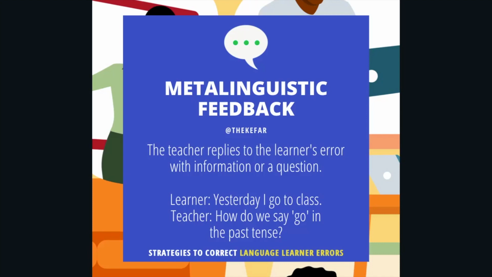With metalinguistic feedback, you're drawing attention directly to the error without correcting it. So again, the learner says, yesterday I go to class. So you might say, how do we say go in the past tense, or call their attention to maybe something that you learned earlier that day or in the previous lesson. So asking a question or dropping little bits of information that make it clear what the error is, but still allows the student the opportunity to correct the error themselves.